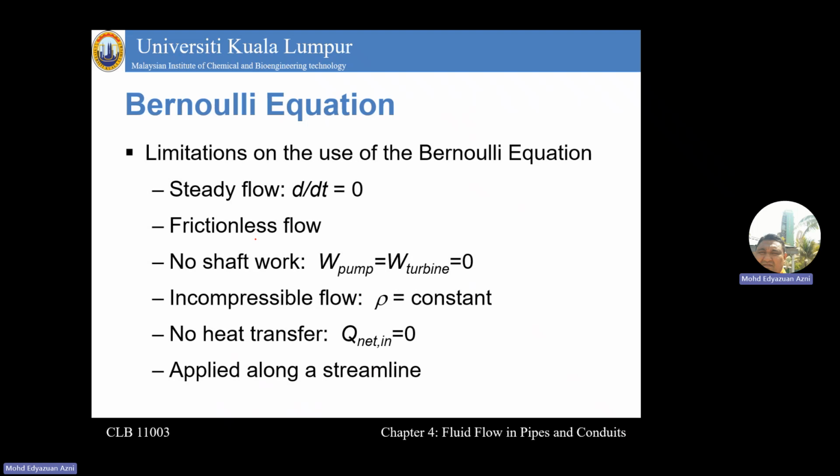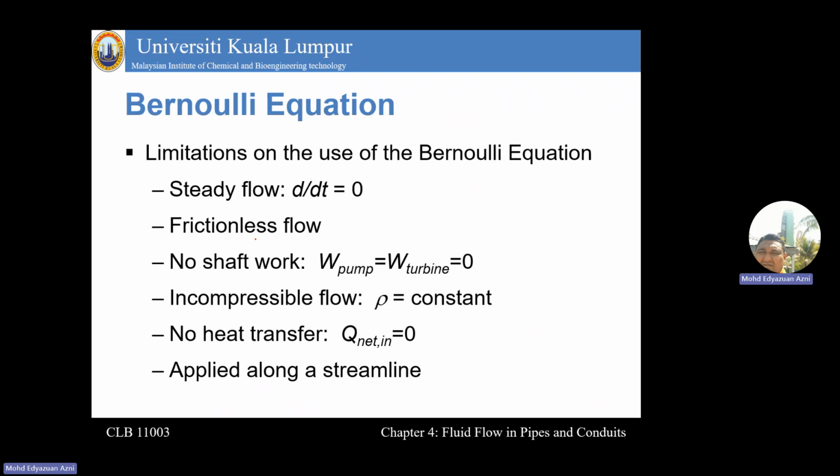But to use this Bernoulli equation, we have some conditions that need to be met. The first one, we need to make sure that the flow is steady. We know what steady flow is from the first video. If the flow is not steady, we cannot use the Bernoulli equation; it is not valid anymore.